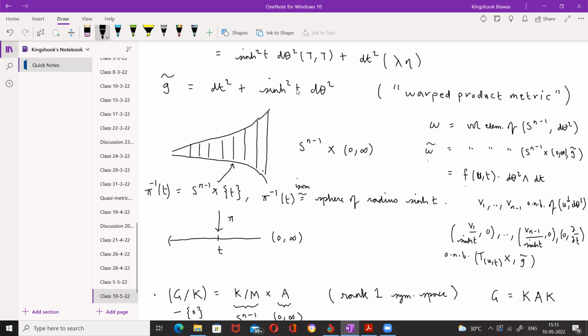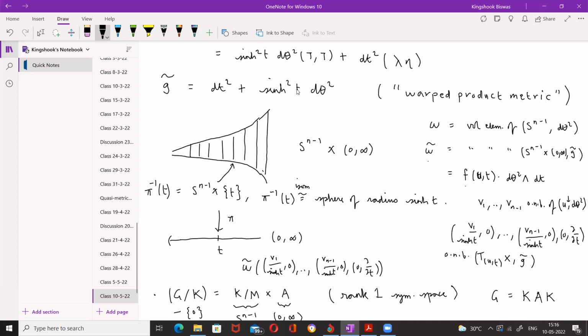Yes. Now I want omega tilde of this to be 1. So omega tilde of v1 over sinh t, 0, up to v_(n-1) over sinh t, 0, ∂/∂t.